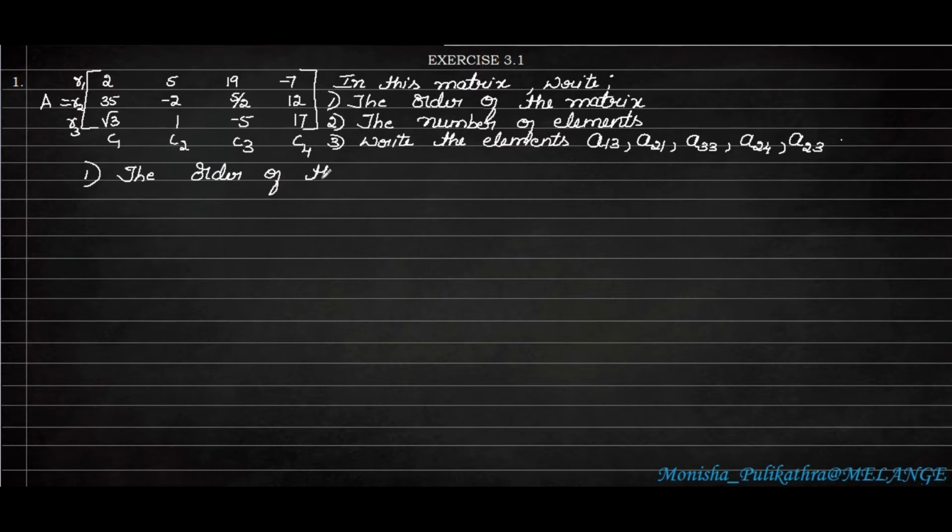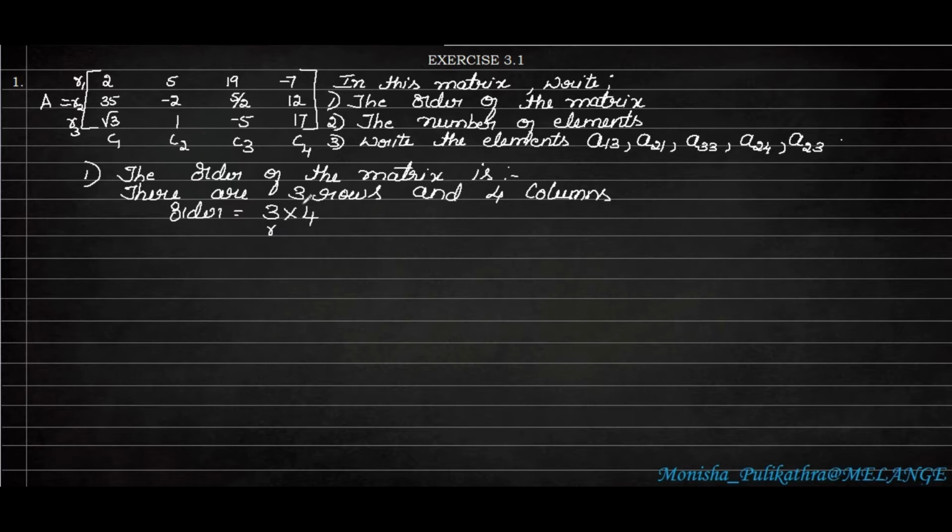The order of the matrix is, so there are 3 rows and 4 columns. Therefore, the order is equal to 3 into 4. Always the first number represents the rows, whereas the second number represents the columns. So the answer for the first question is the order of the matrix is 3 into 4.